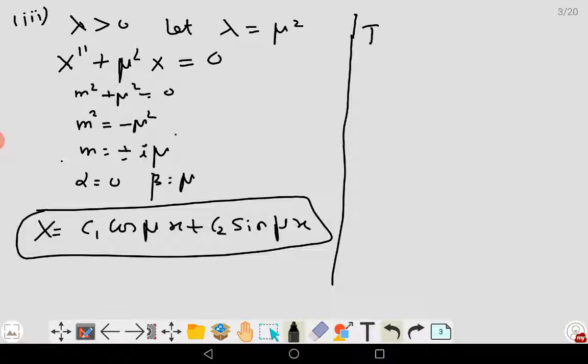what about the second problem, t double dash plus 2k t dash plus alpha square mu square t, where lambda has been replaced by mu square, is 0.